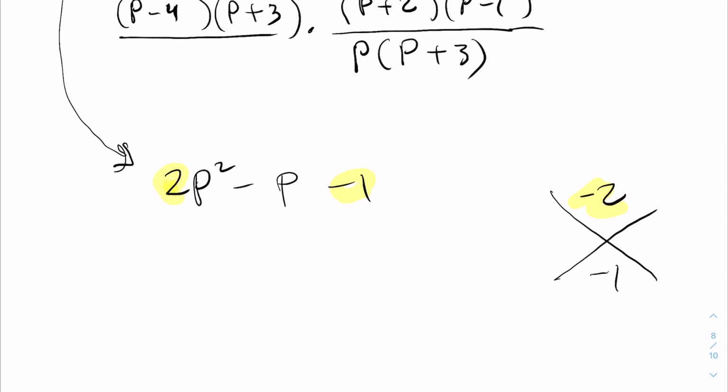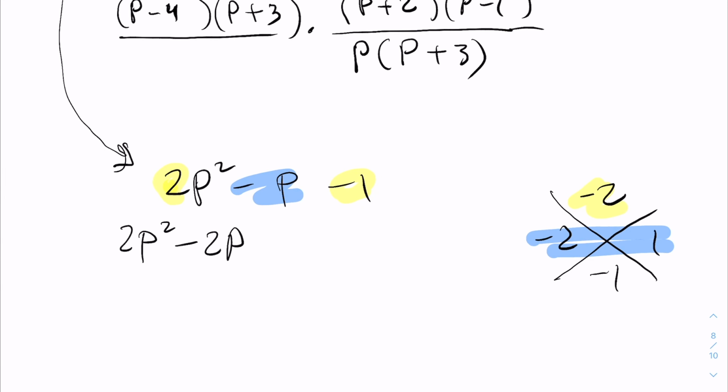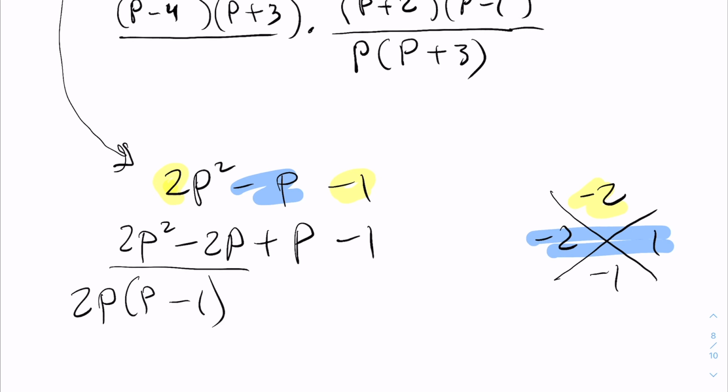So that's just going to be negative 2 times 1. We write down 2p squared, and we replace these target numbers with the middle, negative 1p. So this is going to be negative 2p plus 1p minus 1. Factor out the greatest common factor of 2p, which leaves us with a p minus 1. We have a p minus 1 here, so we just factor out a 1.